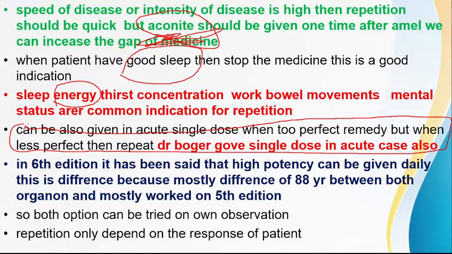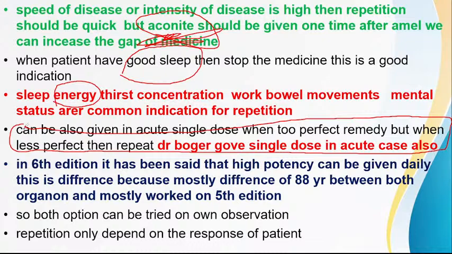So the conflict was between the editions of the Organon. The difference between the fifth edition and the sixth edition is basically 88 years. So all the great homeopaths who practiced basically followed the fifth edition of the Organon.